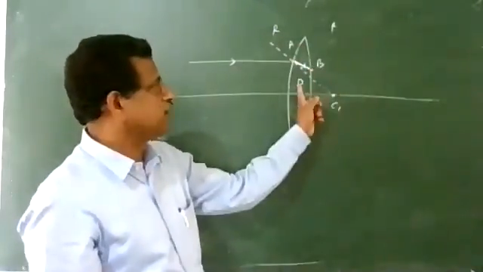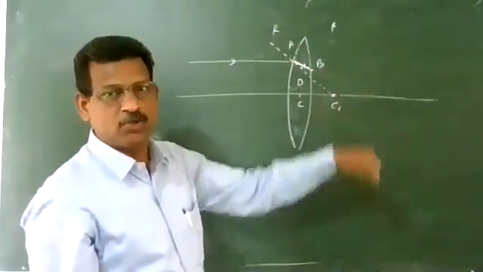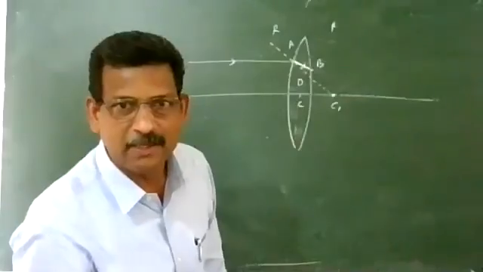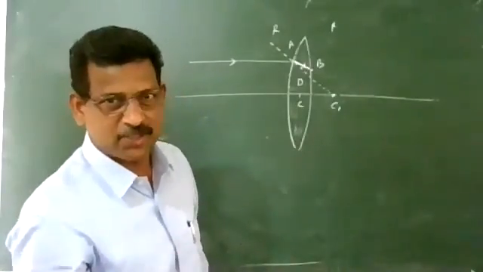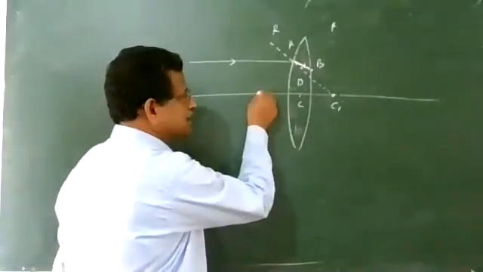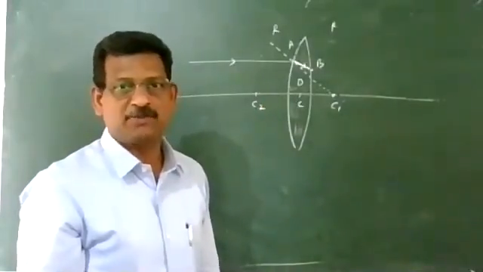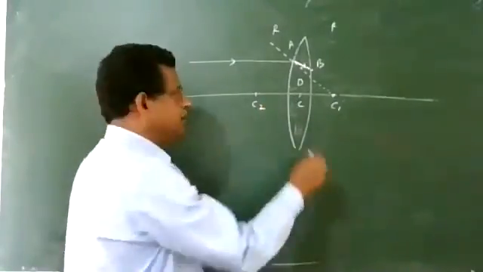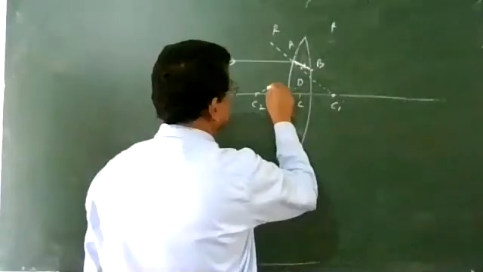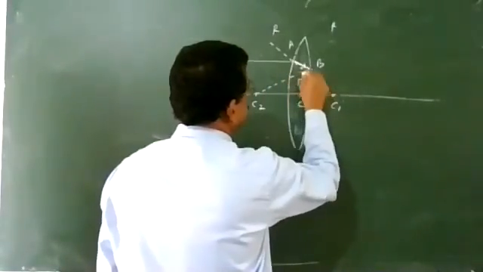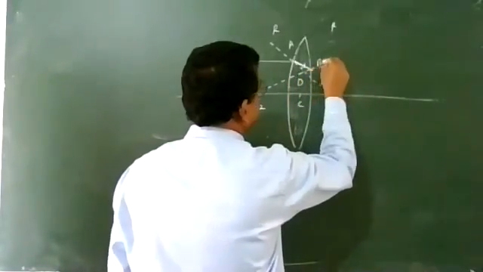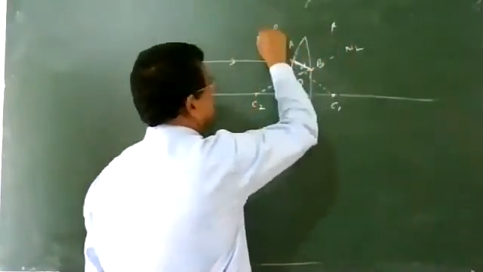Again, it is going from denser to rarer medium, so draw a normal at the point B. B is on the second surface. For the second surface, the center of curvature C2 is lying here on the left side. Draw a line from C2 to B; that will be the normal at the point B. So copy this normal also: normal number 2, normal number 1.